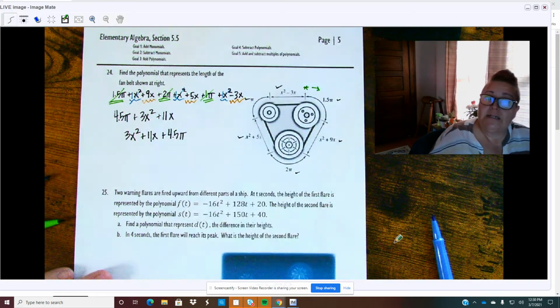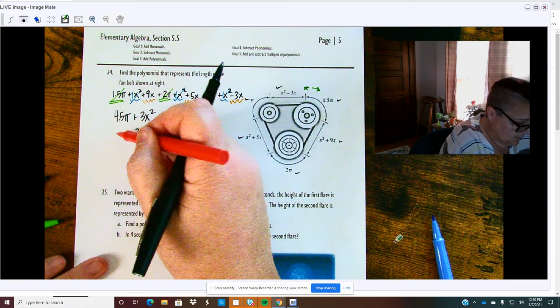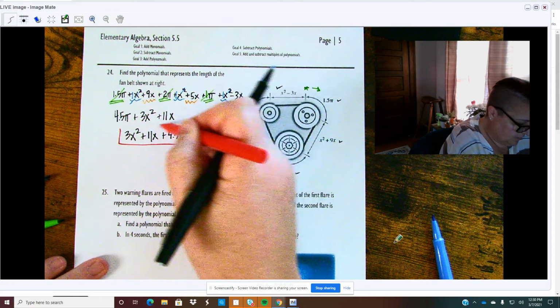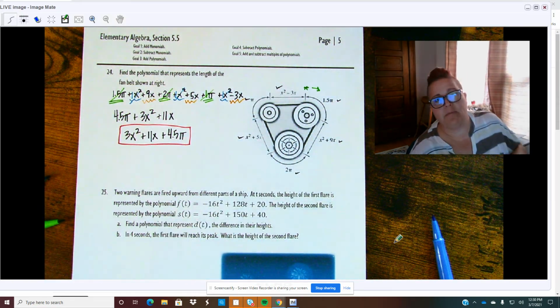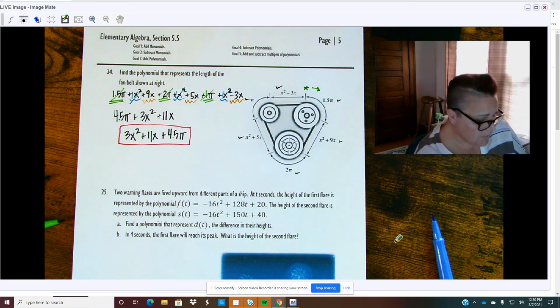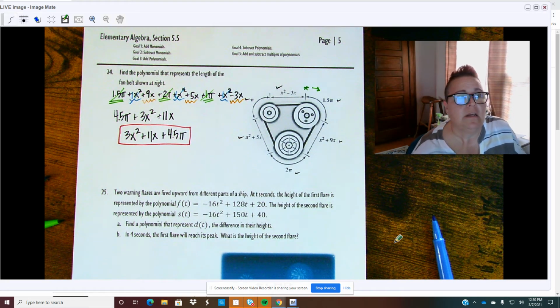There we go. And until I know what x is, I can't figure out what this length is. All I can do is leave this. Now, Amy, why didn't you do the 4.5 times pi? Because I don't know how many decimal places we need. If it's just us in a basic math class doing the calculation, 3.14 would be fine.